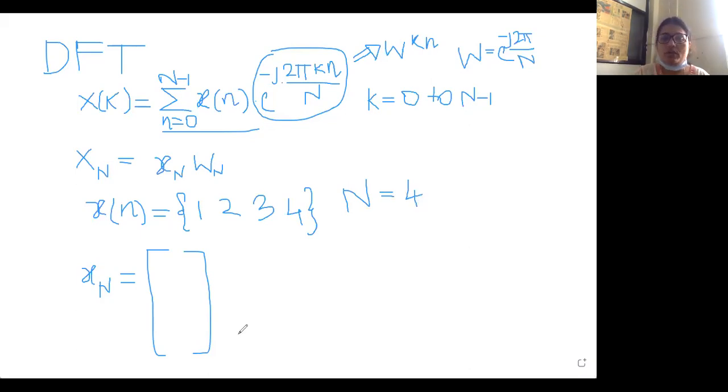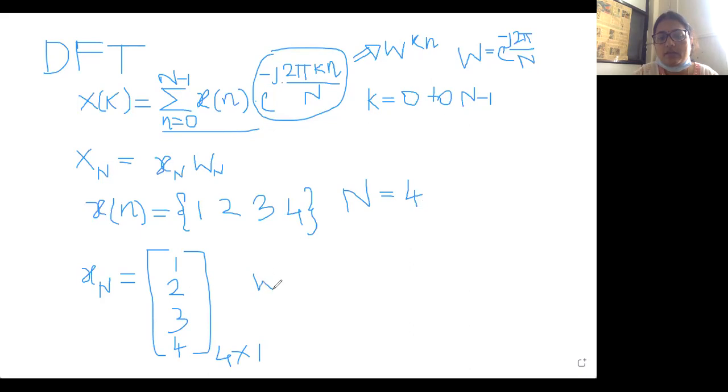So the dimension of this matrix X of n will be 4 by 1, that is 4 rows and 1 column. We represent this as the first element, second element, third element, and finally the last element. So here we have represented the input sequence.